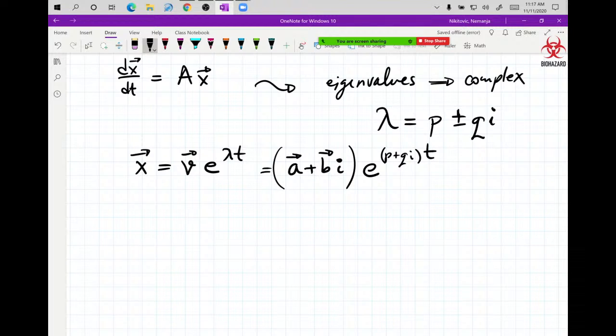So the solution looks pretty much the same as the solution we are used to from before. But the trick is that when you have a complex solution, we can use the Euler identity to turn the complex solution into the trig solution, and that's better because the trig solution immediately shows you the wave-like properties of the answer.